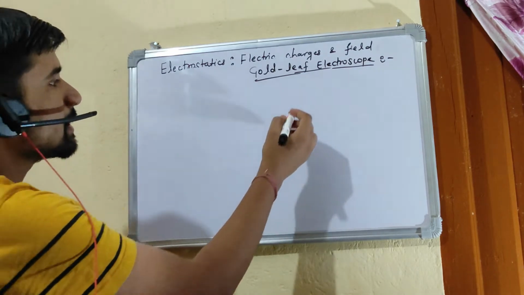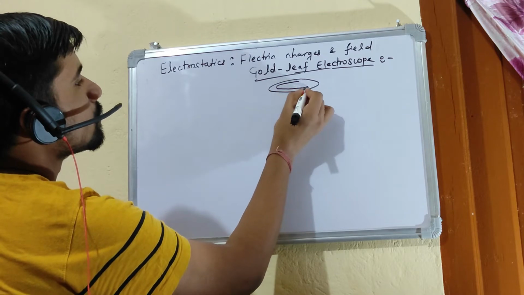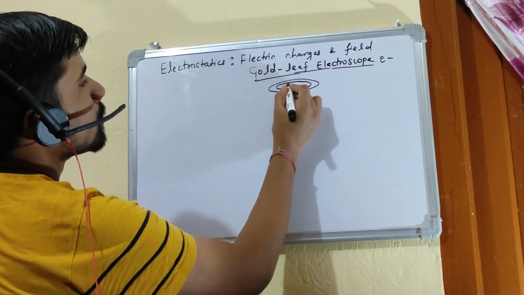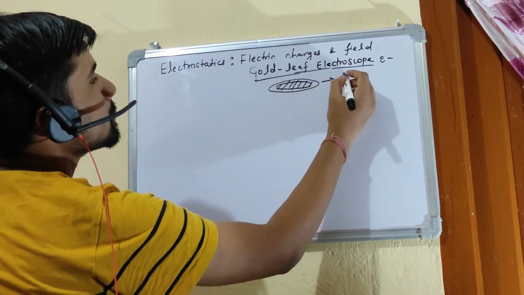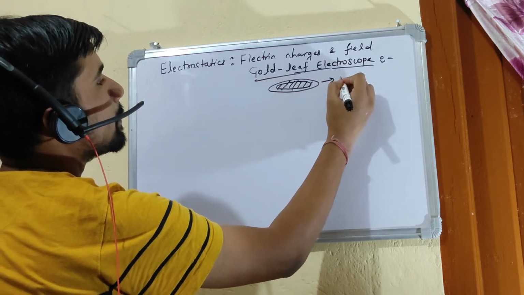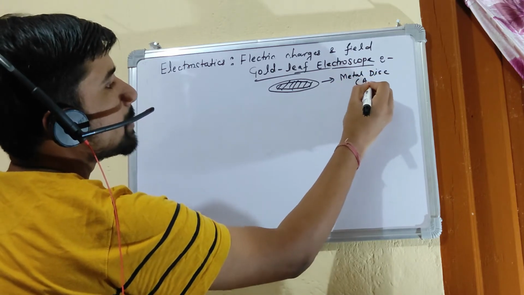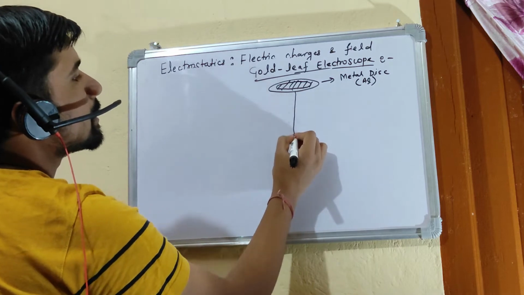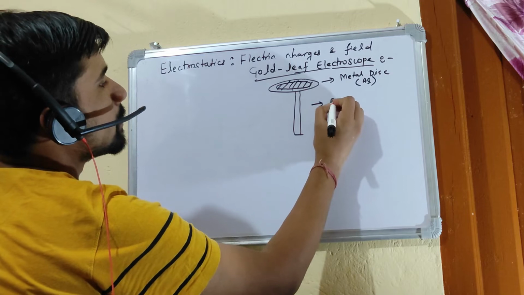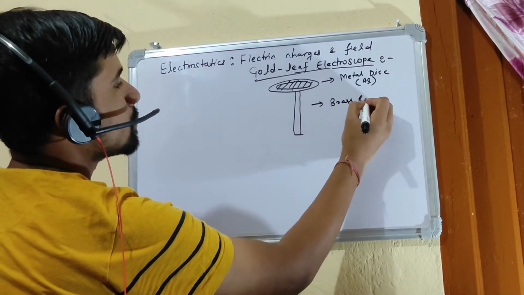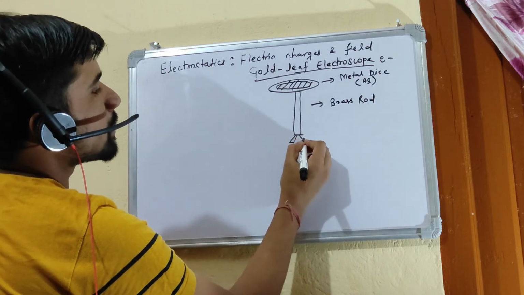So how does it look like? So we have a metal disc, might be made up of aluminum. Then we have a metal rod, let's say brass. This is brass rod, and then we have two thin metal strips connected to it.